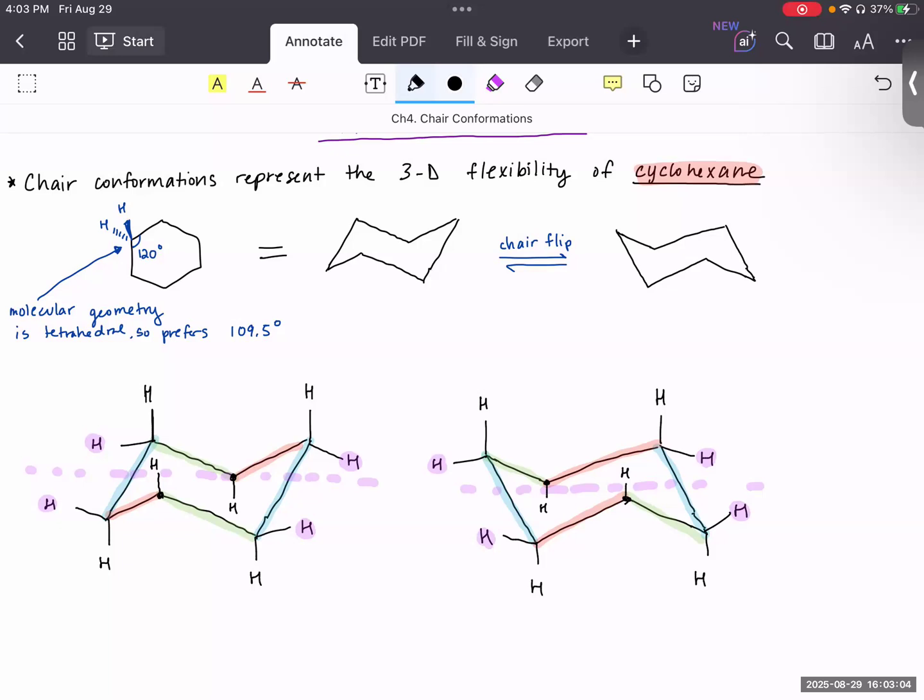So the shorter bond is the red one in this first structure. And so we're going to tilt that bond towards that red one. And same thing for the other one here. In the second chair, the shorter bond is the green one. So when we draw in that hydrogen, we're going to tilt it towards the green bonds.